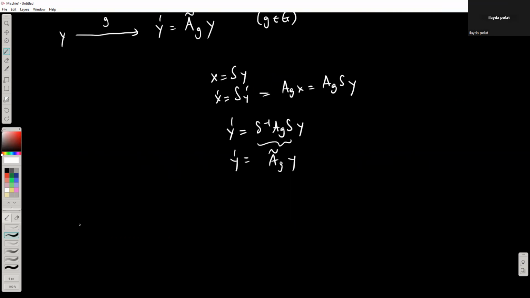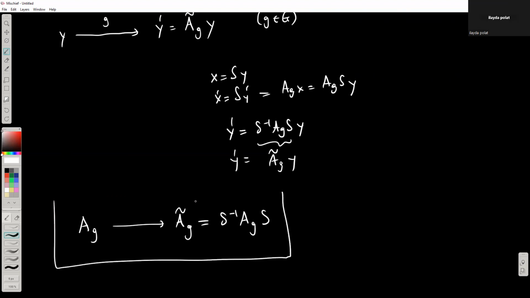So I'm essentially changing the representation A to a new representation A tilde, which is given by S inverse A S, right? These two representations are equivalent, so it has the same decomposition, but now I have a different set of matrices.